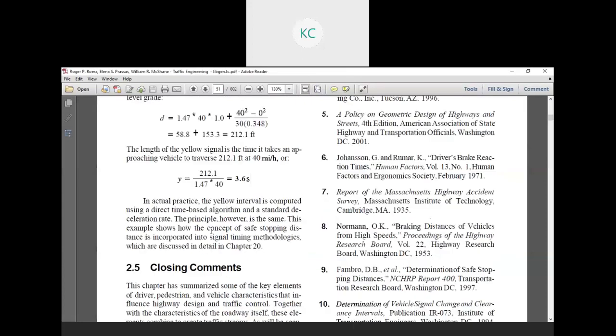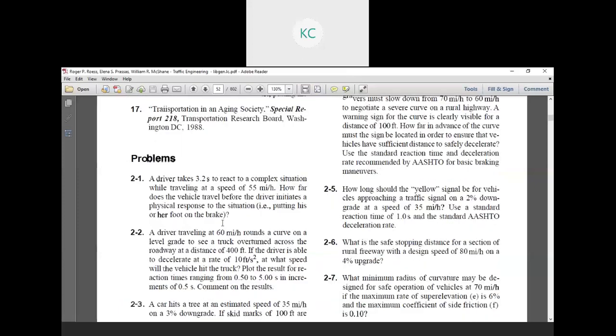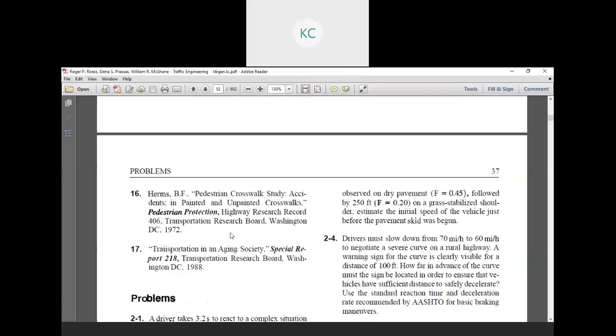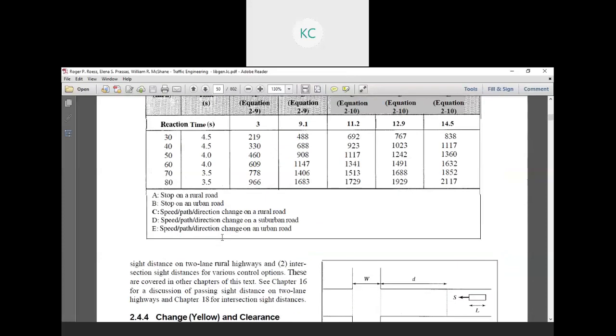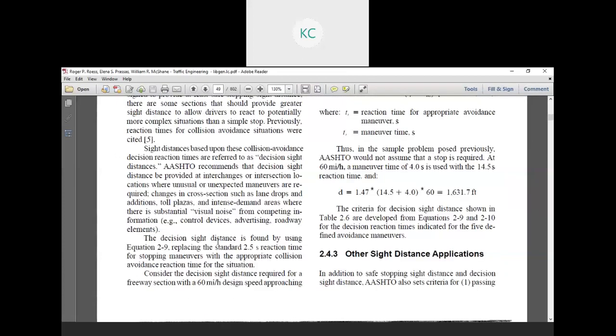Okay, so here we conclude the physical characteristics that are taken into account while constructing a highway. There are two main characteristics: the road user characteristic and the vehicular characteristic.